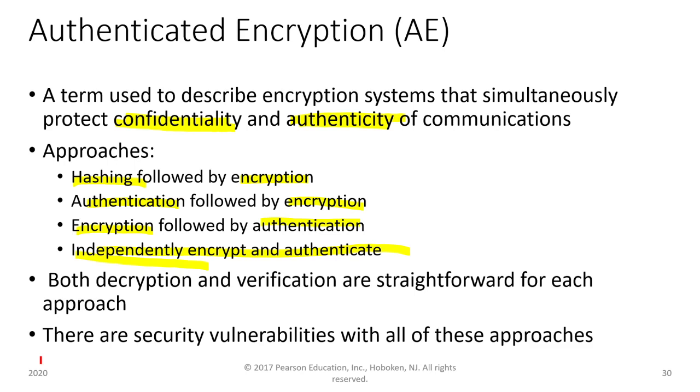So the main thing to remember here is that the main goal that we have here is we achieve both of these things. Because when we think about having a secure communication, both of these things are important for us.